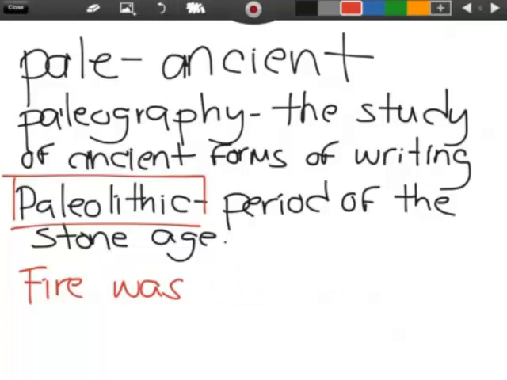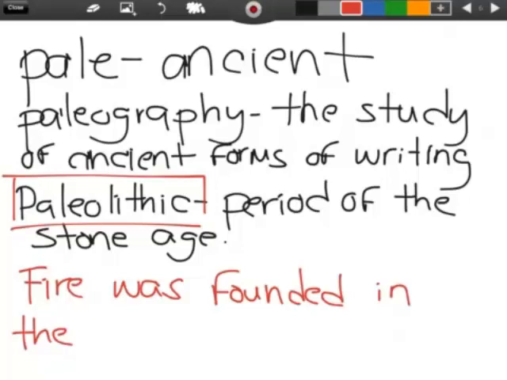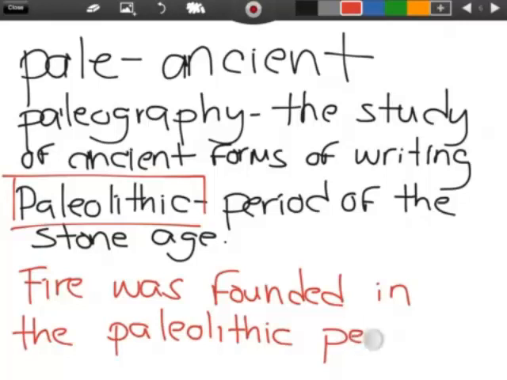I'm going to read that to you. Fire was founded in the Paleolithic period.